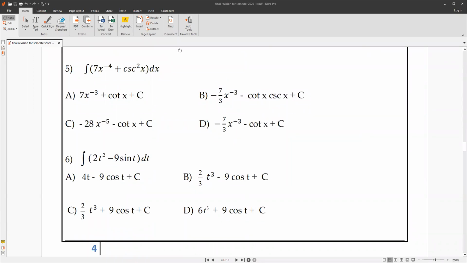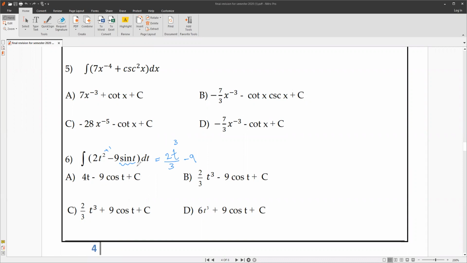Okay, look here. Wait, sorry. Apply the rule of integration. Just apply it. Here, a number multiplying a function: it will be this number multiplied by the integration of this function. It will be t to the power 3, add 1, 3 over 3. Negative 9 multiplied by the integration of sine t.